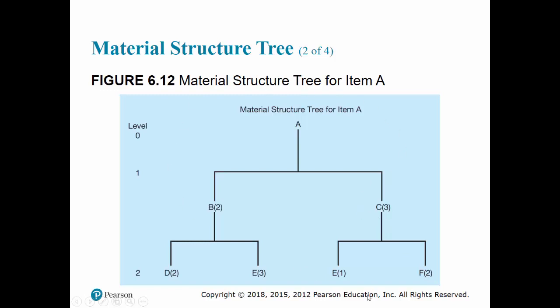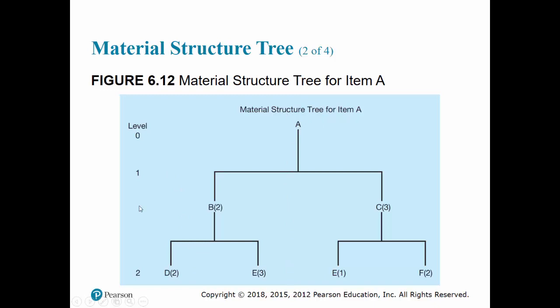So this is called a bill of material structure, and then you give level codes. Starting from the top, you have a level code of 0, and then come down 1 level, level 1, come down 1 level, level 2, and so on. And then you will give low level codes. That is, for each item, what is the lowest level?